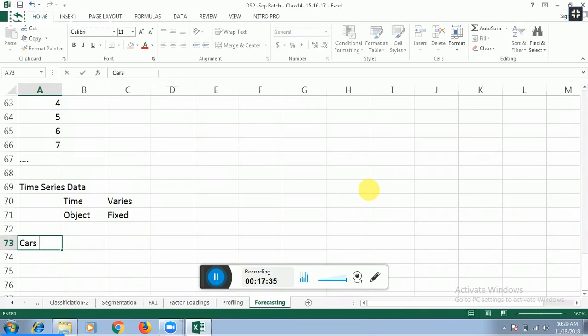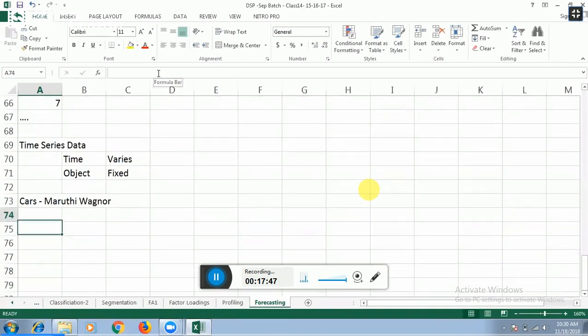A manufacturer, Maruti, has an existing model like the WagonR, and they want to forecast how much demand it will have for the next 3 or 6 months. In that scenario, the car is fixed. What will we have? You will have a month and you will have sales, and sales means the number of cars sold.